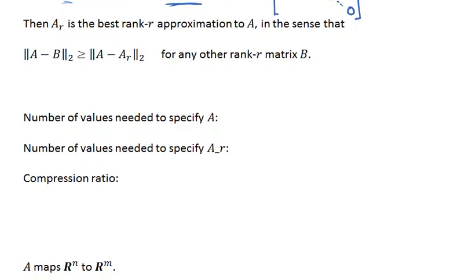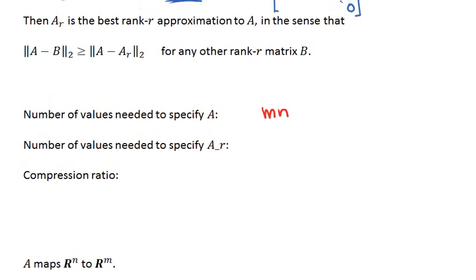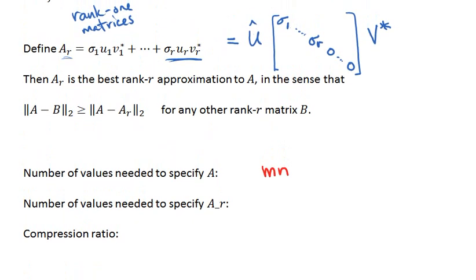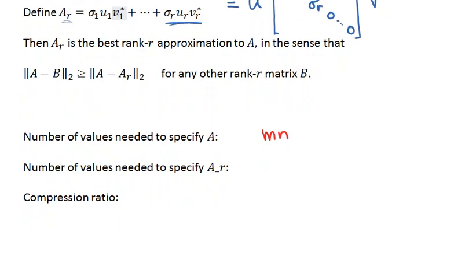Now, one way of looking at this is that we can compress a matrix. So the number of values that we need to fully specify the original, of course, is just m times n. Now, what do we need to specify A sub r? Well, there are r identical terms. This is a scalar, so that's one number. This has m numbers in it. It's an m vector. And this has n numbers in it. So it would be r times m plus n plus 1.